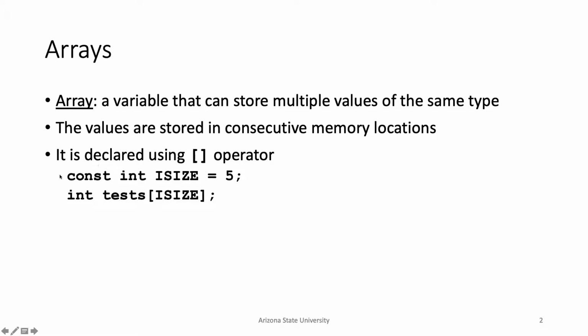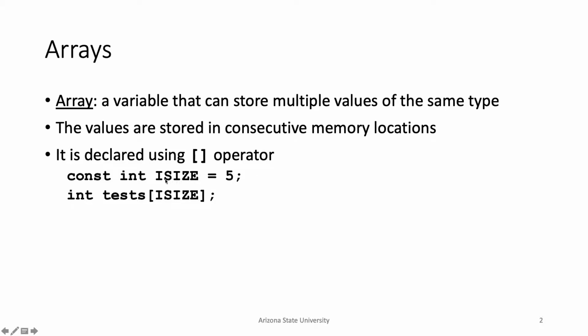So look at the example down here. This array, I'll talk about the notation in a second, is going to have 5 integers in here. The thing between the brackets is telling C++ how many elements we want in our array.